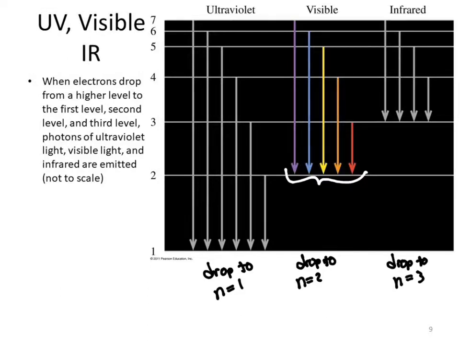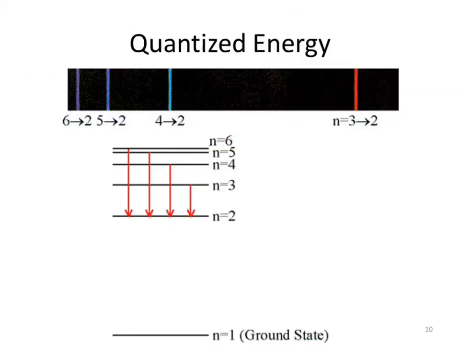Now, keep in mind that ultraviolet was higher energy. Infrared was lower energy, and so that makes sense because ultraviolet takes a lot more of a drop, and it takes a lot more energy to promote up, and then infrared, we're not going as far, and then visible is in between those, okay? And so, these various different transitions correspond to what we see.